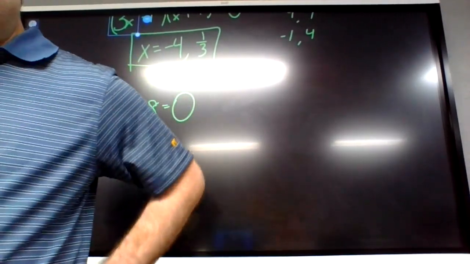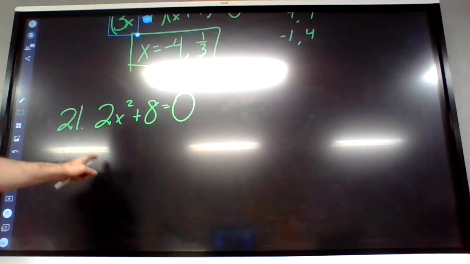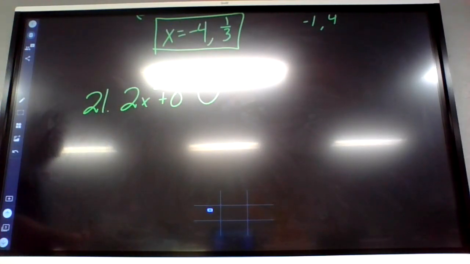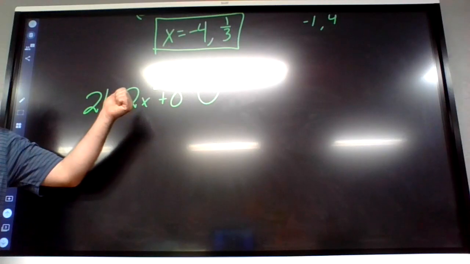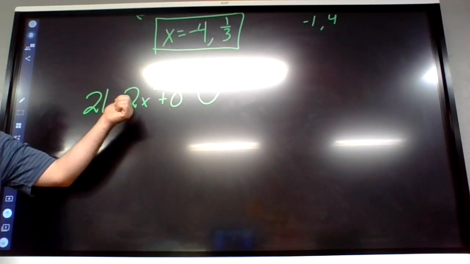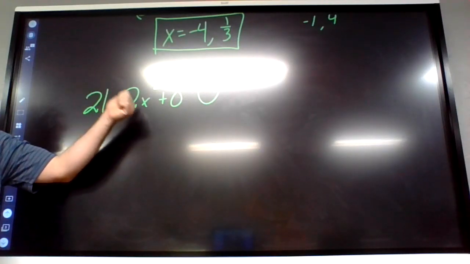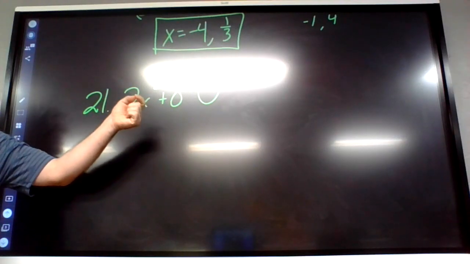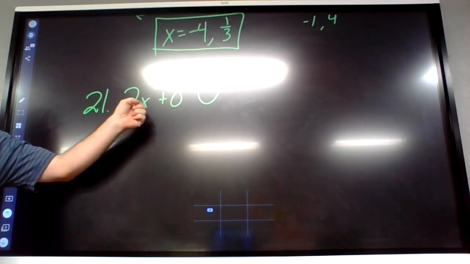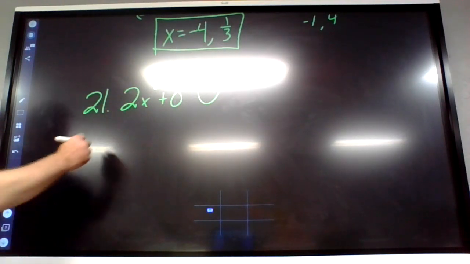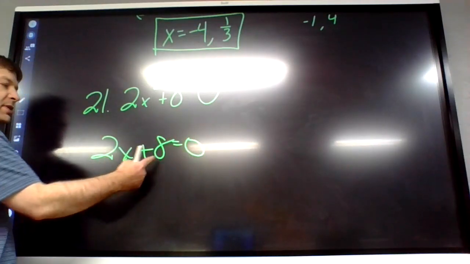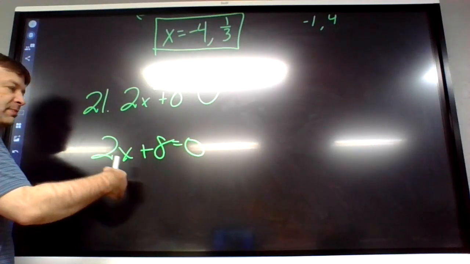Okay, anyways, what were we talking about? Oh, how do I solve this? If you can divide by 2, if it's just an x squared without an x, you don't have to factor anything. You get x squared by itself. You can solve it almost the same way as solving a regular equation. Just subtract, divide by 2.